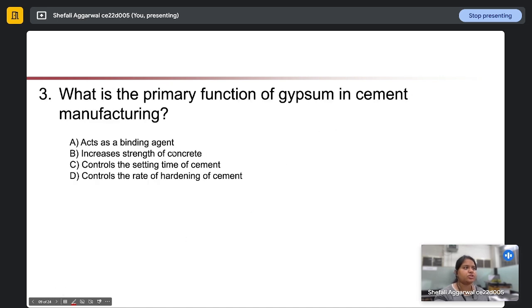The next question is, what is the primary function of gypsum in cement manufacturing? It acts as a binding agent, it increases the strength of the concrete, it controls the setting time of cement, or it controls the rate of hardening of cement.